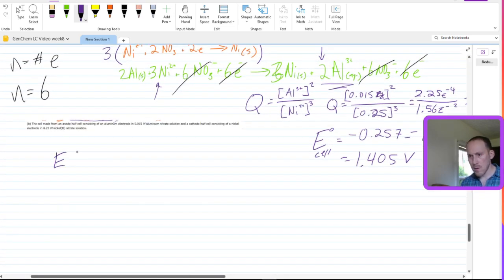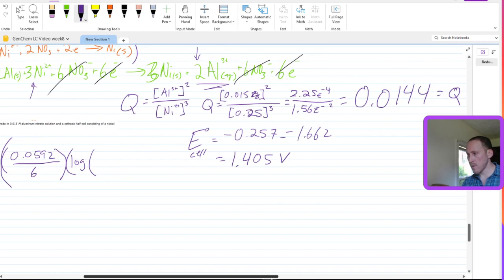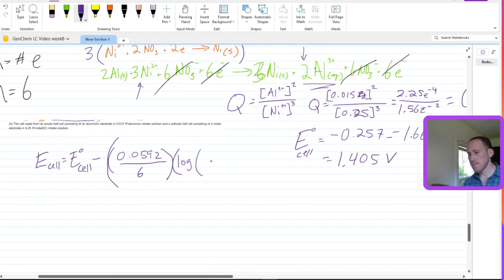So the actual E is going to be our standard E minus 0.0592 over 6 times the log of Q, which is, we just found, 0.0144.